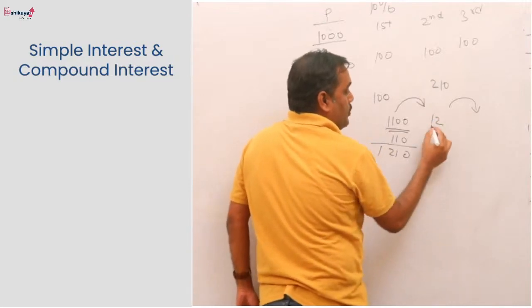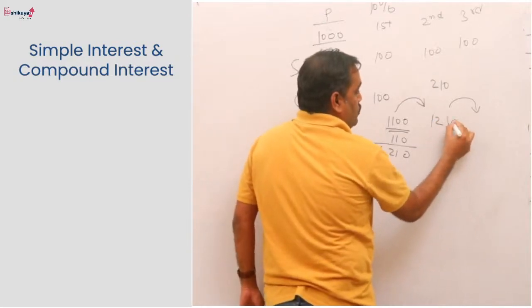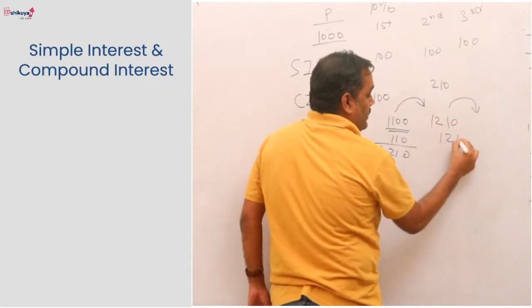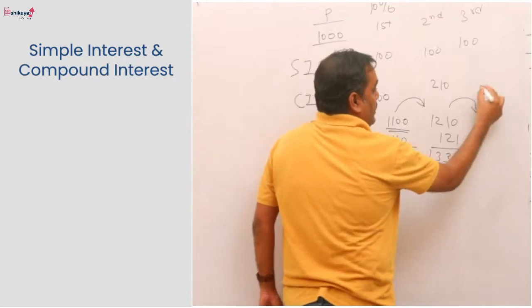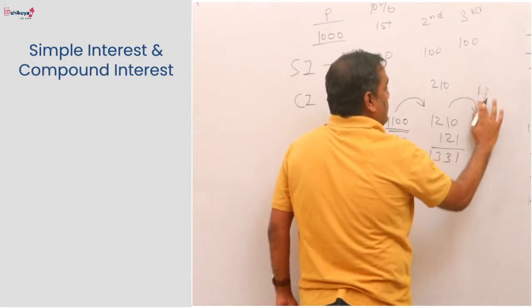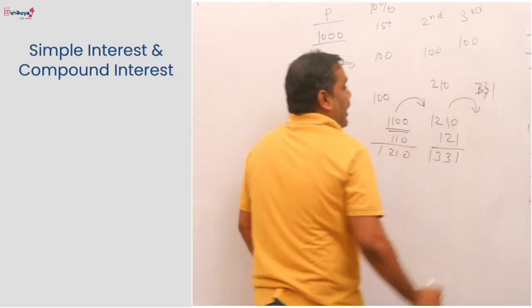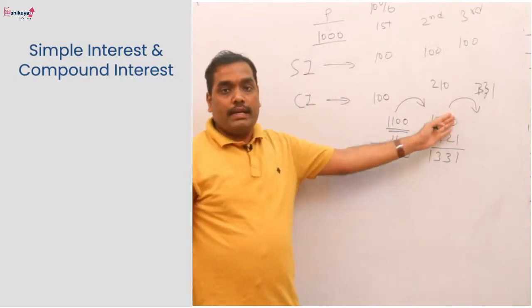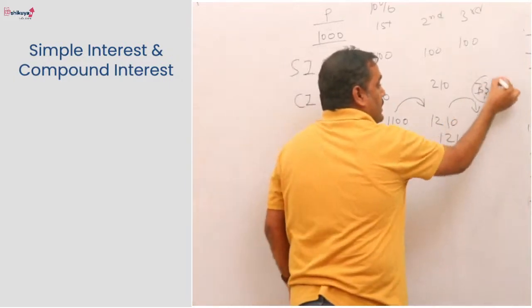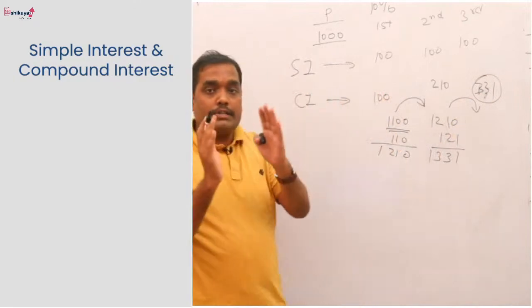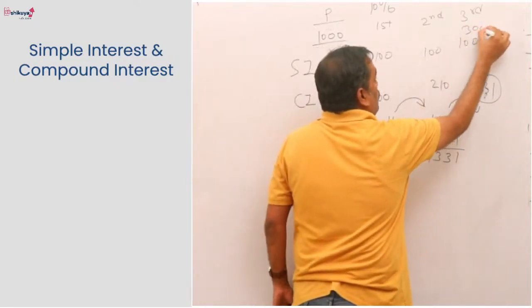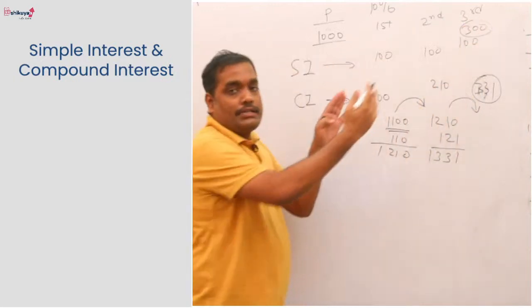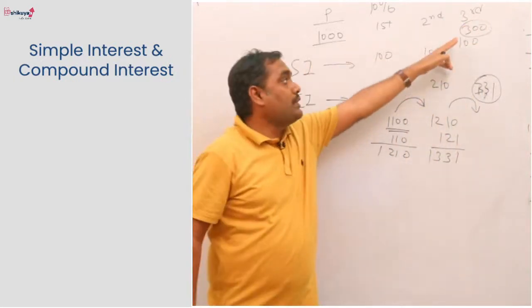The second year amount is 1210, and 10% of that is 121. Adding it, we get 1331. Considering only the interest, after 3 years in compound interest you get a total of 331 rupees, and in simple interest the total interest after 3 years is 300.